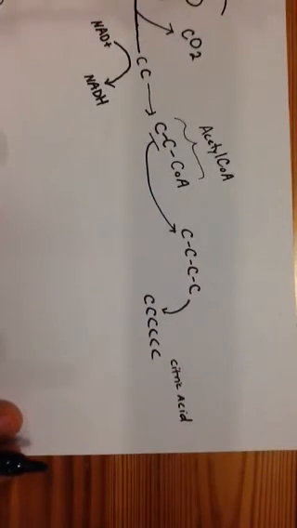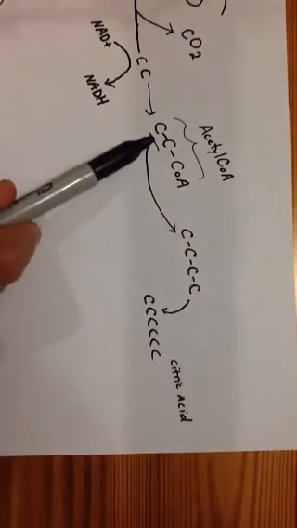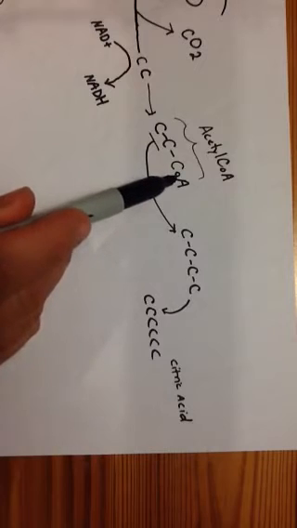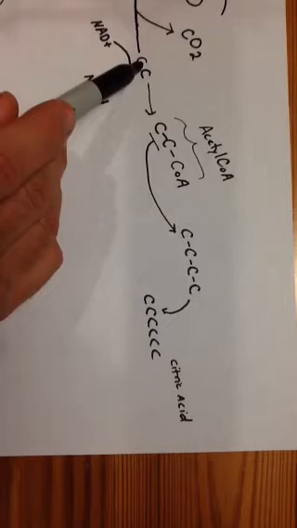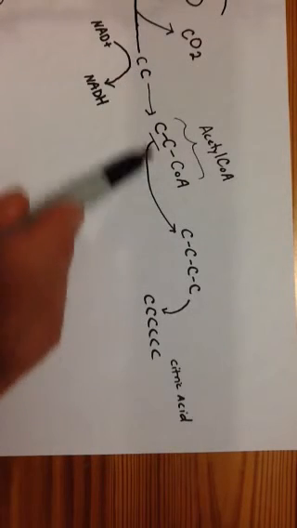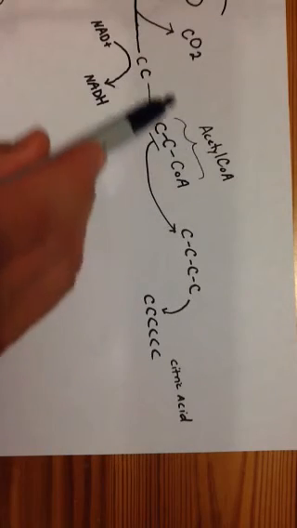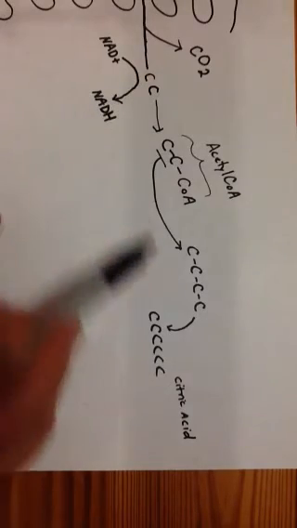Okay. When the 2-carbon attaches to the 4-carbon, this acetyl-CoA will actually return and pick up a new 2-carbon fragment and perform that same attachment. So it keeps cycling. It takes a 2, puts it to the 4, makes citric acid, returns and grabs another 2-carbon, and just keeps repeating.